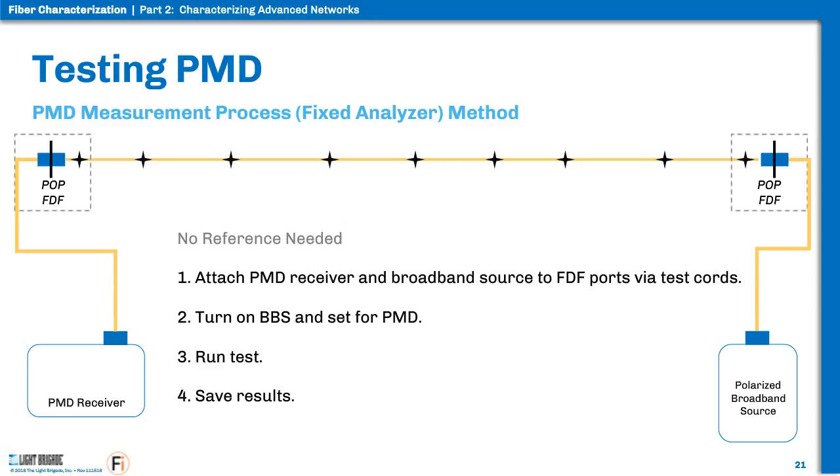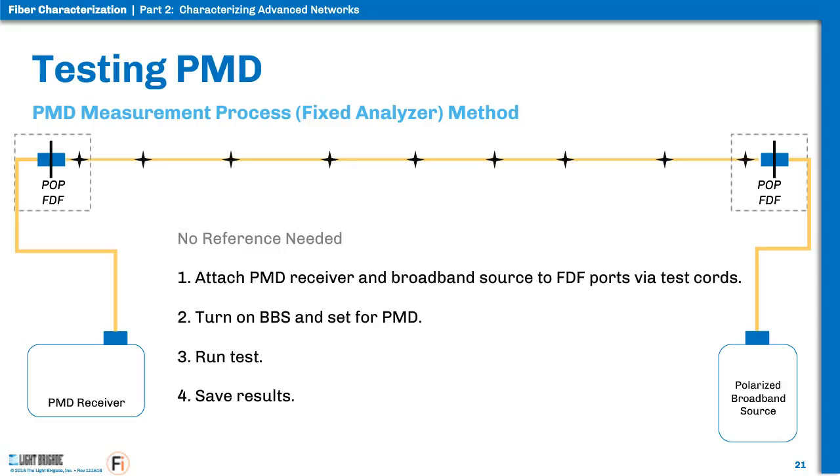In terms of testing PMD, this example is using the fixed analyzer method, and this is a method that does not require reference. So you just attach the PMD receiver and the broadband source to the fiber distribution frame ports at each end, turn on your broadband source, set it for PMD, and then run the test.